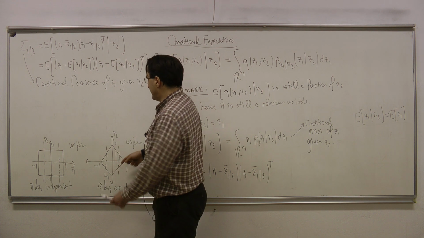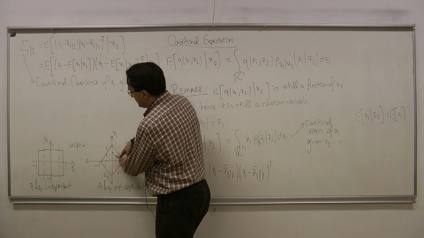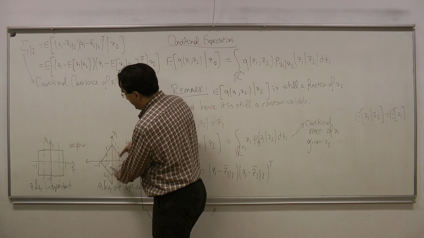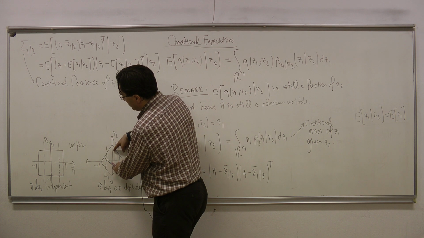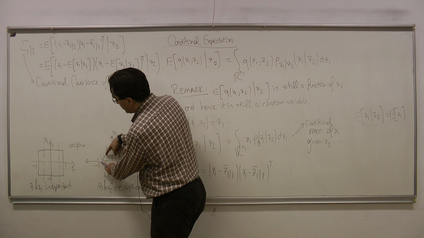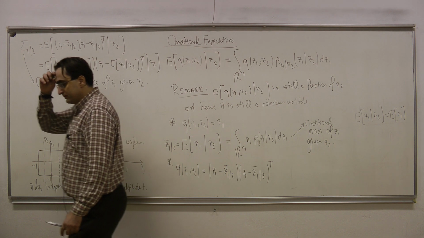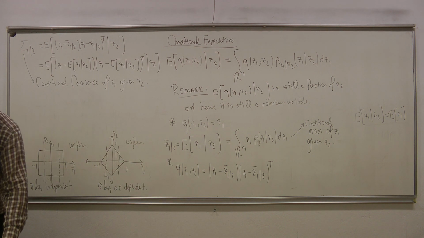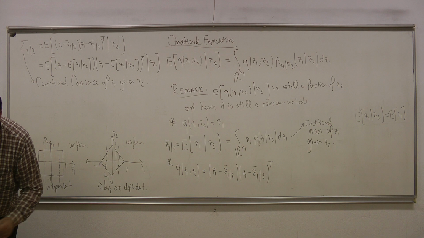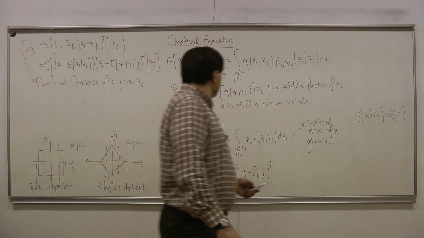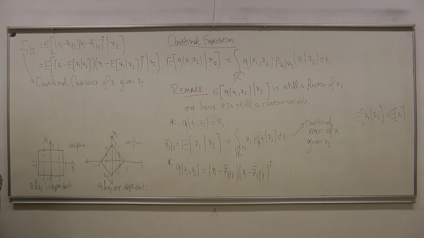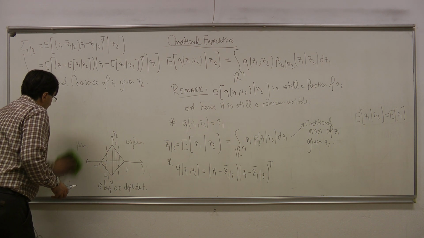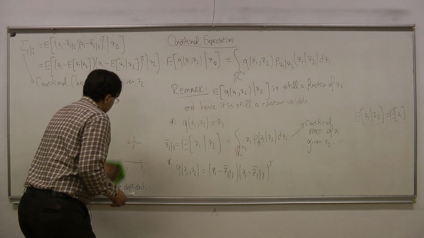When I change Z1, since the uniform distribution is expanding its support, the conditional variance would get larger and larger, be a maximum here, and then get smaller and smaller. So we have seen the conditional mean and conditional variance, and the final thing we are going to see in the conditioning is the iterated expectations.